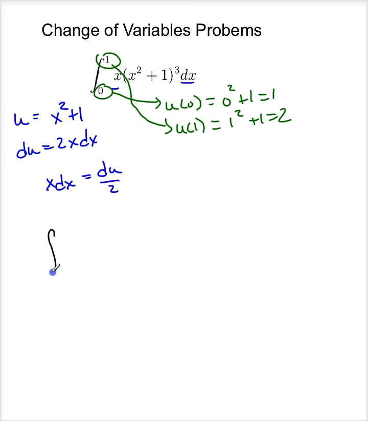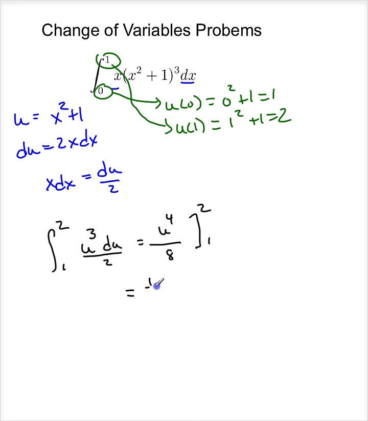It becomes the integral from 1 to 2 of, now x squared plus 1 cubed is u cubed, and x dx is du divided by 2. So this becomes u to the 4th divided by 8, evaluated at 1 and 2.